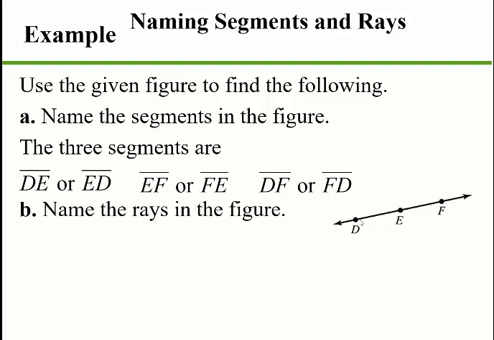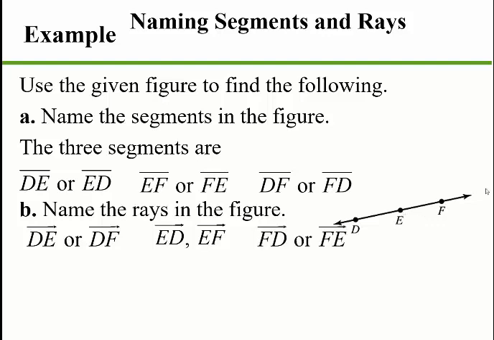Right, let's name the rays in the figure. All right, so remember, rays have an endpoint and then shoot out in a direction. So one here would be DE, which shoots out this way. Another one would be DF, that shoots out that way. Or you could have ED that shoots this way, or EF that shoots this way.